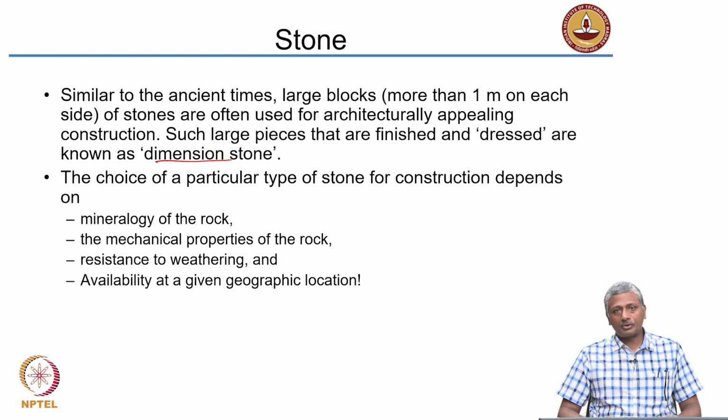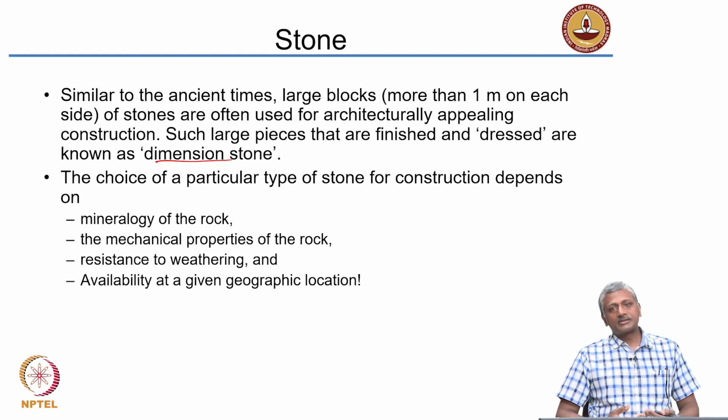For example, if you are down in the south, in most cases you will get granite quite easily available. If you are in Andhra Pradesh or Tamil Nadu, you will see a lot of granite being used for the large monumental structures. If you go to Kerala, as I said earlier, laterite is quite popular. So, availability is a primary deciding factor for using a particular type of stone.